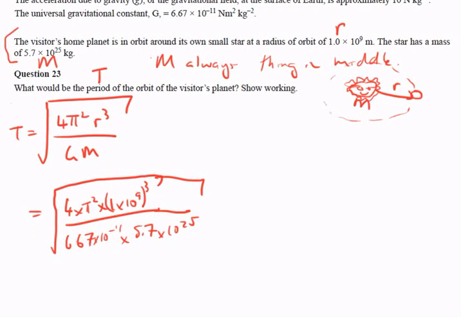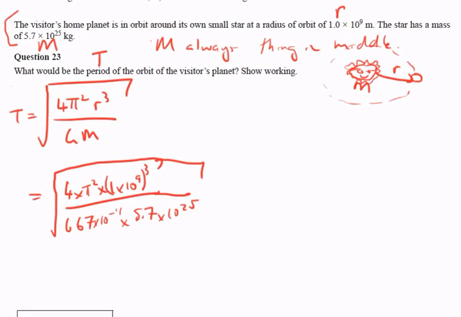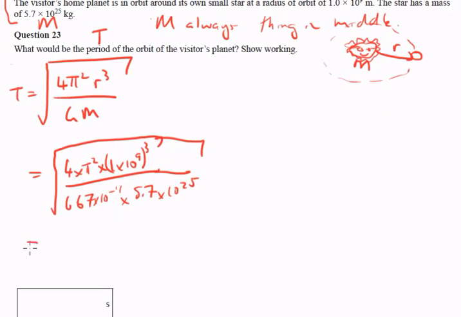To get the right answer, and the right answer is, after you do the calculation, I get 3.222, 400 seconds, which equals 3.22 by 10 to the 6 seconds.